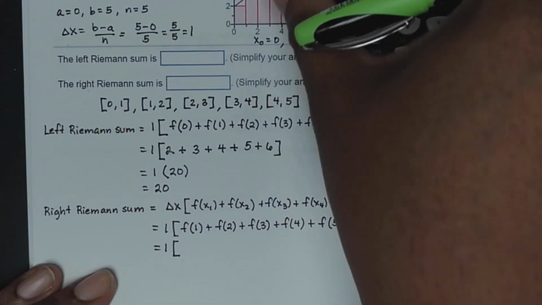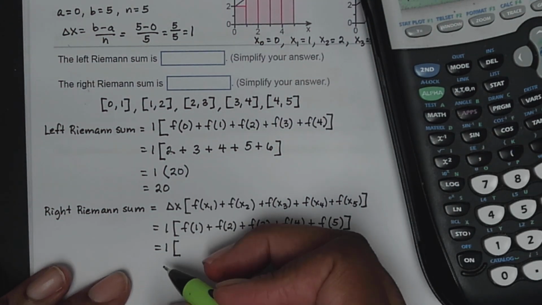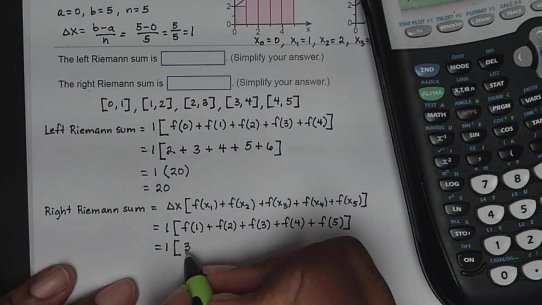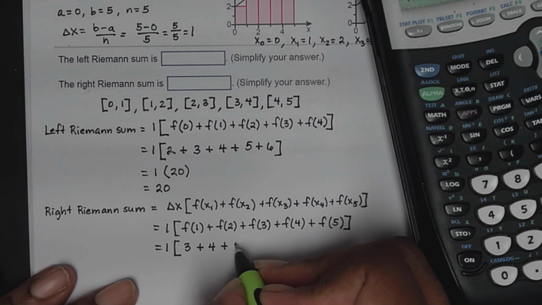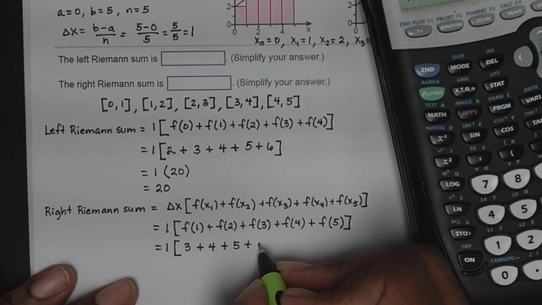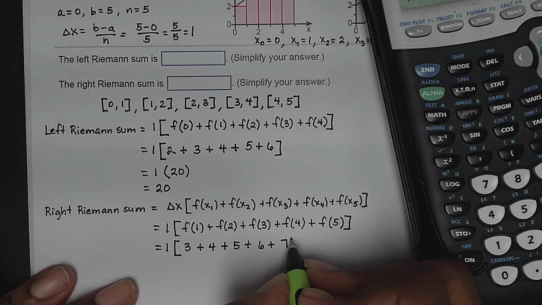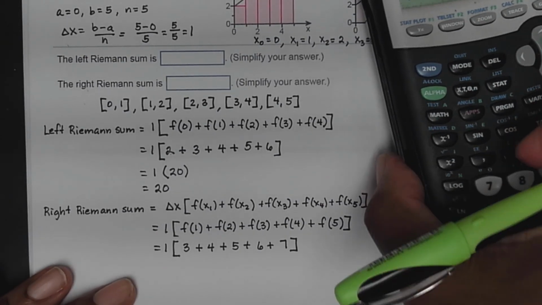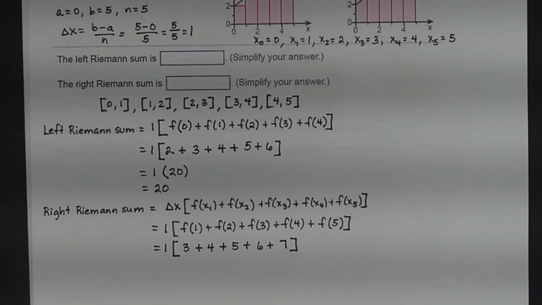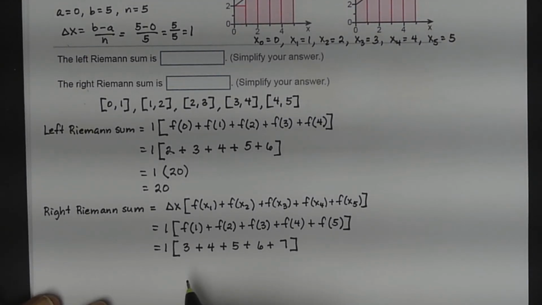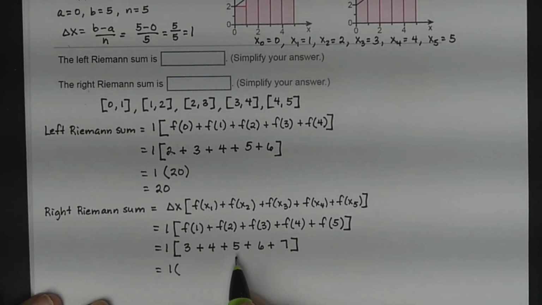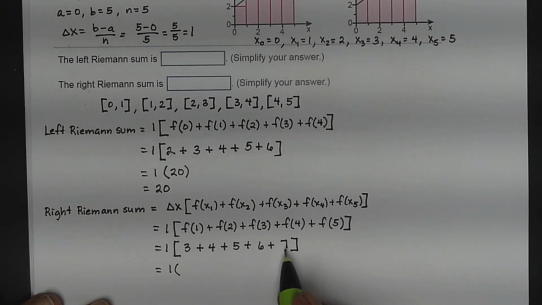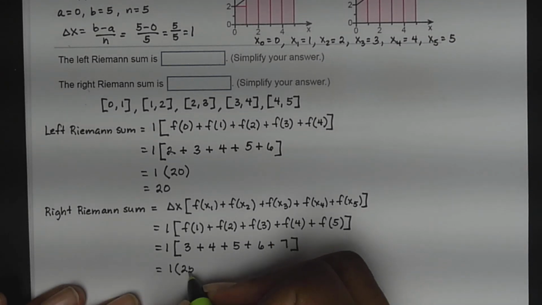So from this, my f of 1 is 3, plus f of 2, that's 4, plus f of 3, that's 5, f of 4 is 6, and f of 5 is 7. So in this case here, if I add, let's see, 1 times 3 plus 4 is 7, plus 5 will be 12, 12 plus 6 is 18, 18 plus 7, 25.